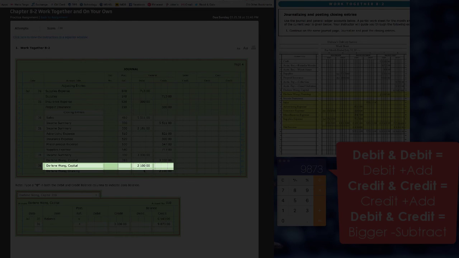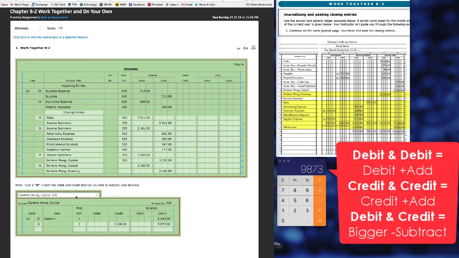And now I can post this second one, this debit. So it's still on the 31st, page 4. It was a debit of $2,100. Now I've got this existing credit and a debit. So credit and debit means I need to subtract 9,873 minus 2,100. And I get 7,773. And I need to put that in the column with the bigger number.